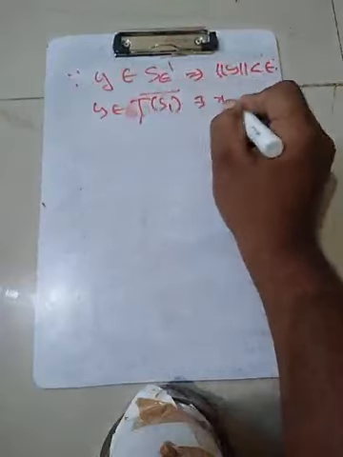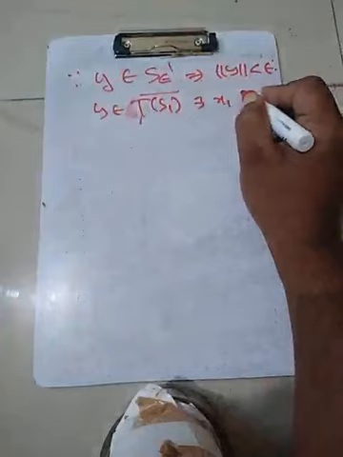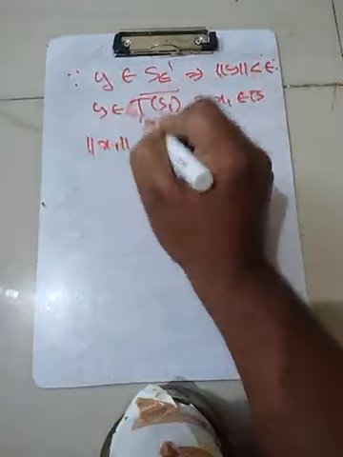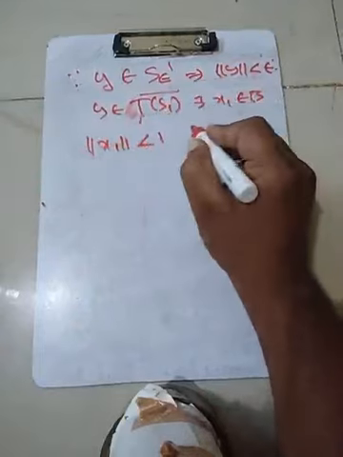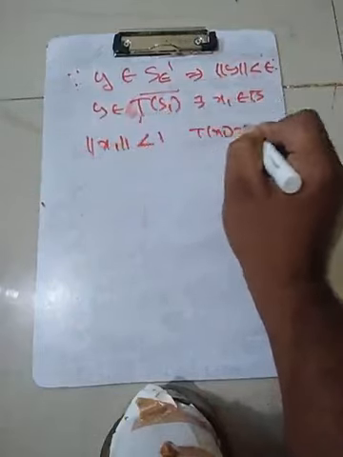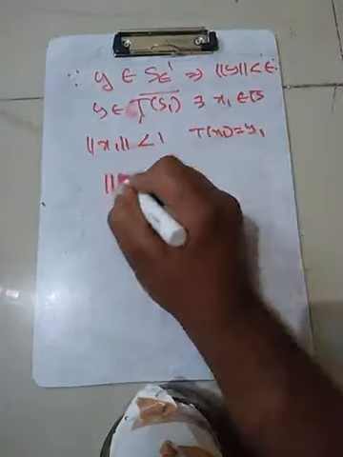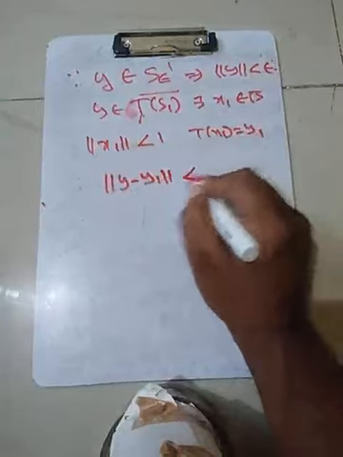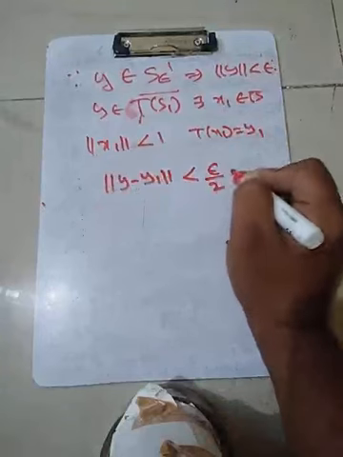There exists an x1 belonging to B such that the norm of x1 is strictly less than 1 and T of x1 is equal to y1, with the norm of y minus y1 strictly less than epsilon by 2.